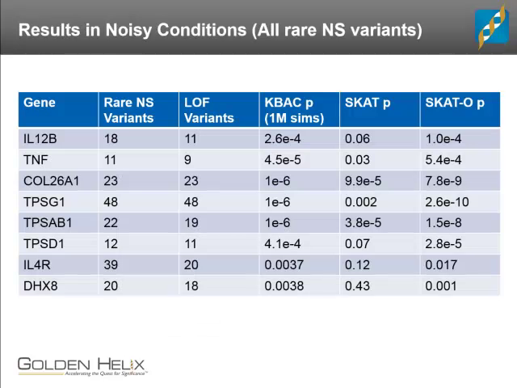Now, what happens if you add some noise back into the data? So our loss of function model was just rare variants that were predicted damaging. What if we just bring in all of the rare non-synonymous variants, even the ones that are probably benign? Now, with some of the genes, it didn't make any difference, like COL26A1, all of the same variants were still there. But with others, it made a bigger difference, like IL4R.